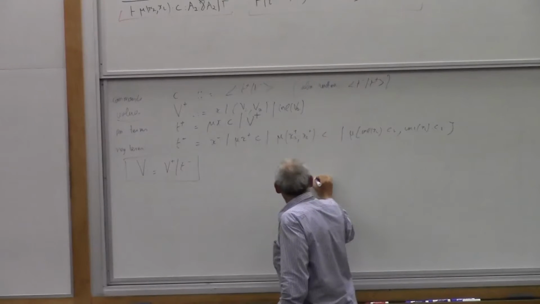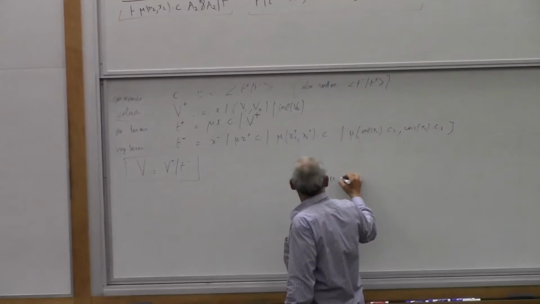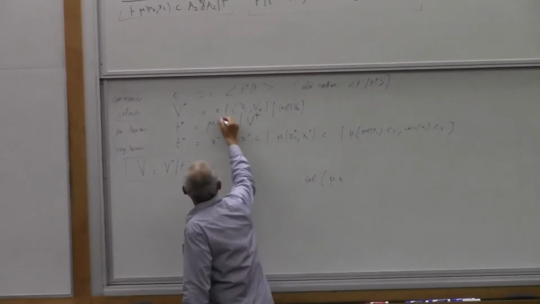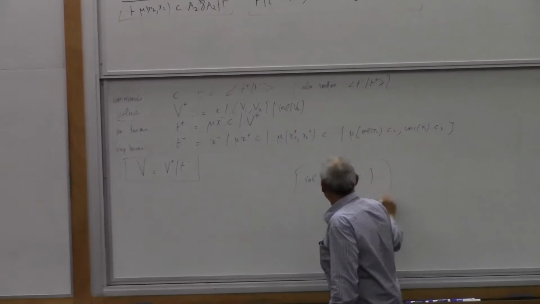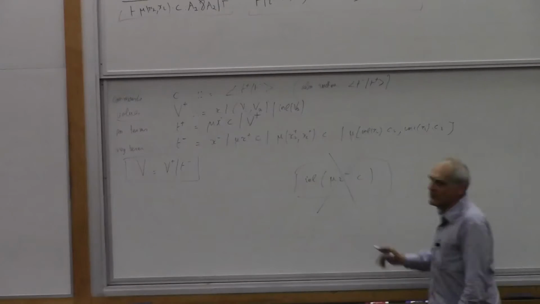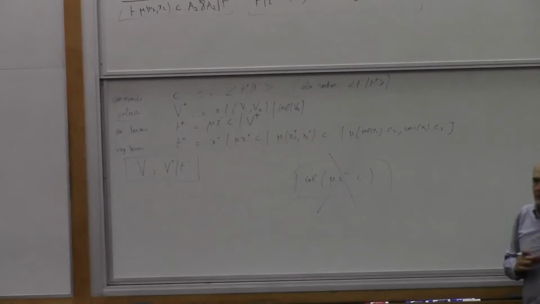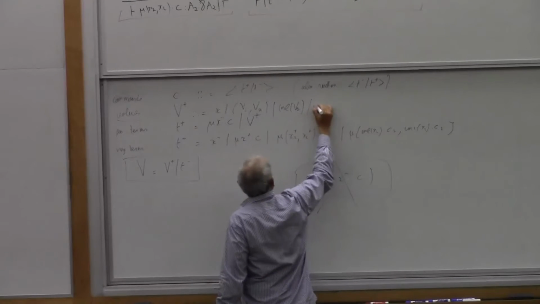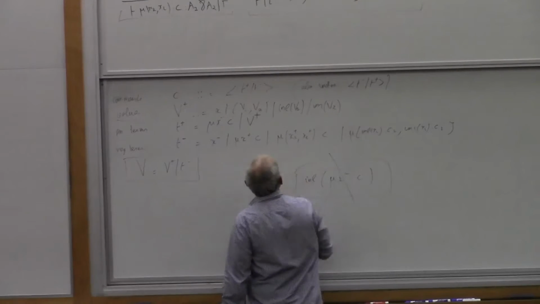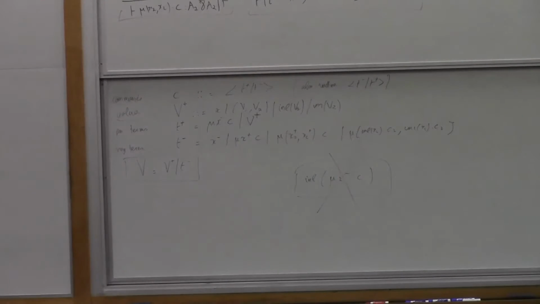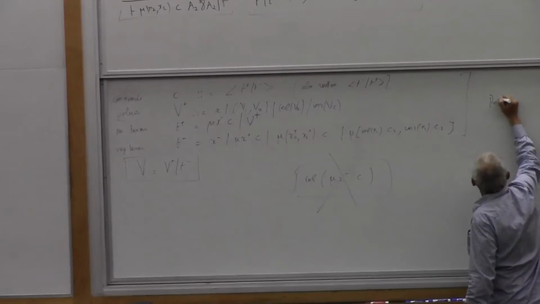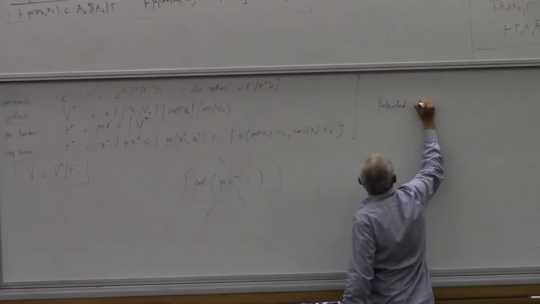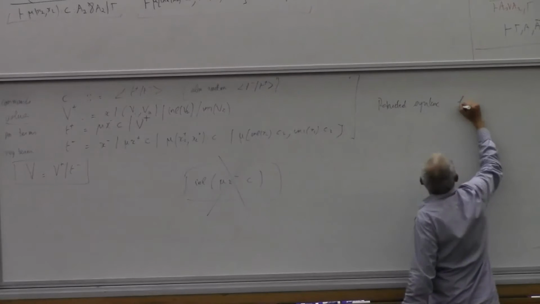I forbid to form the term in left of mu x minus dot c. This is illegal in this syntax. So I'm restricting the syntax. And I think it's all. That's the syntax. So this is restricted syntax for focalized proofs.